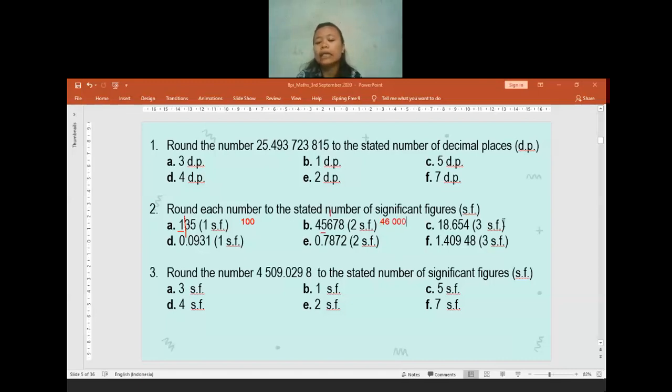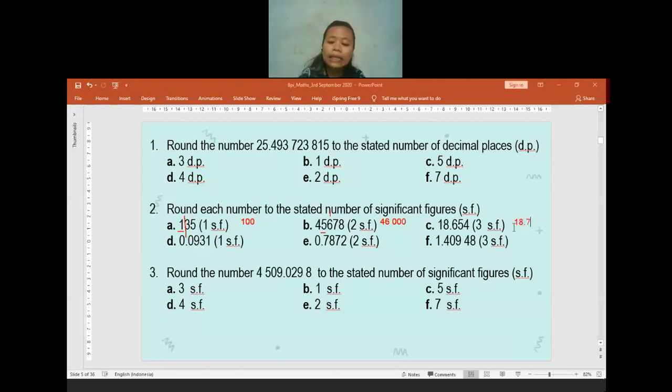And then for C, we have 18.654. It says 3 significant figures. So we need to find the third significant digit. The third significant digit is the number 6. Next to 6 is 5. So the 6 has to go up by 1 and becomes 18.7.